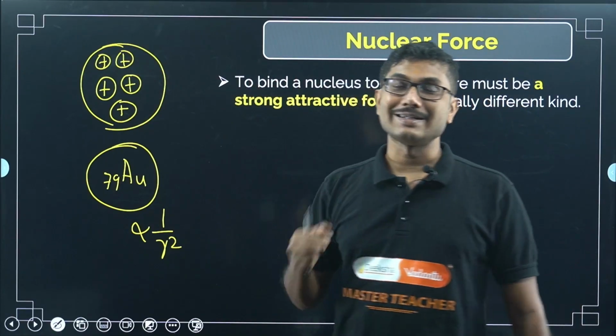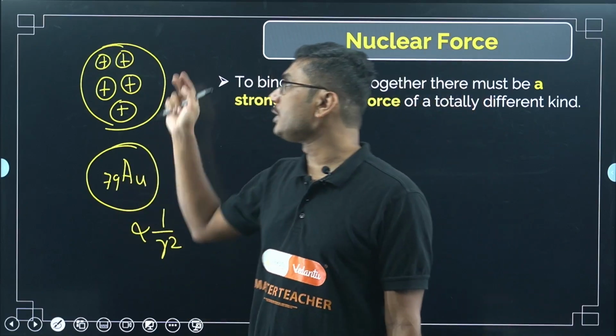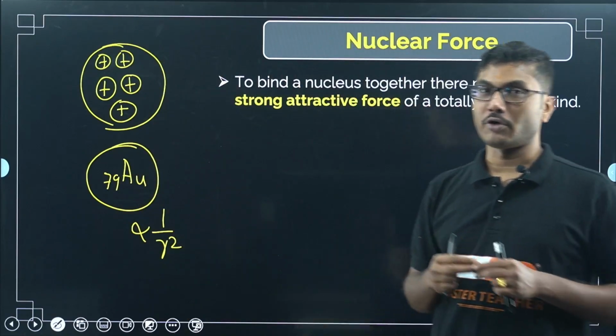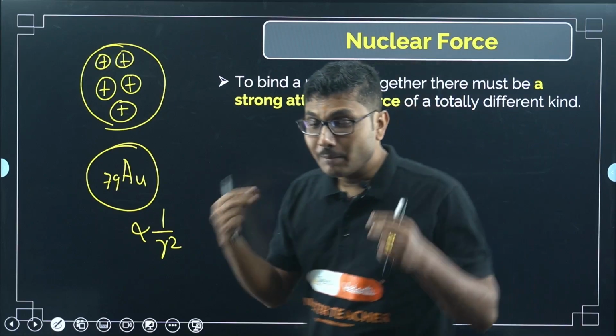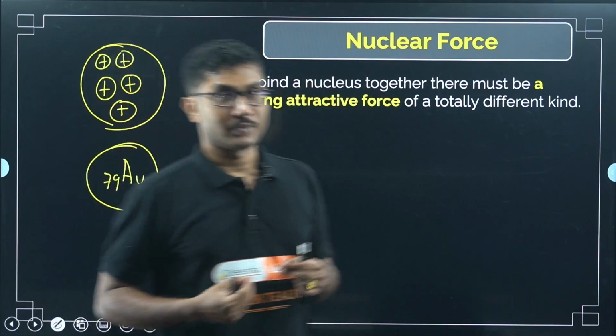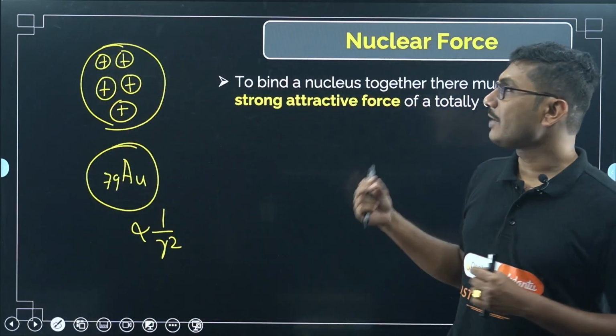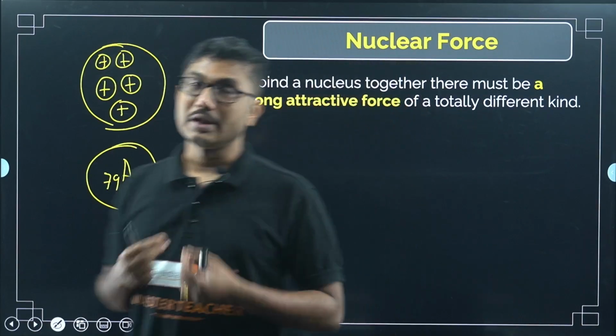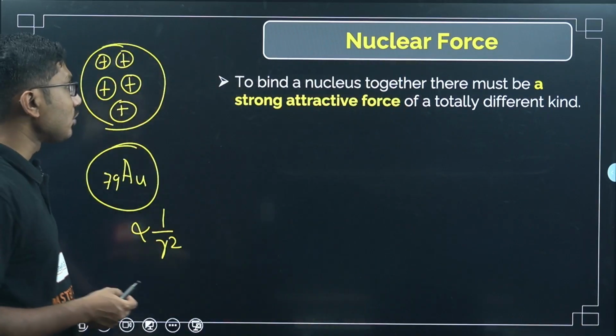So the only thing left is that there should be some new force acting between two protons that is binding the protons together, right? So what is that force? That force is called nuclear force. Very important concept to understand.